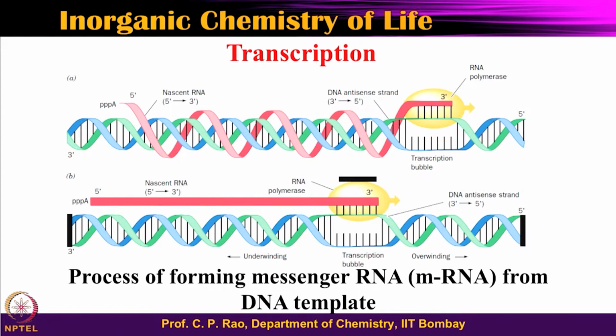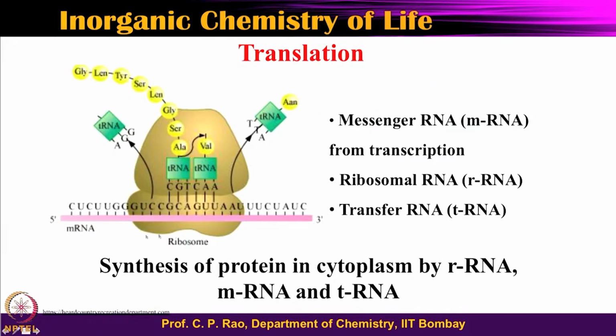So, in the sugar you have 1 prime, 2 prime, 3 prime, 4 prime and 5 prime. And we have seen if there is some change in the 2 prime from OH to H, we call it a deoxy, just like that. So, similarly you need to use that. Then you have a DNA anti-sense strand, then this will open up, then read and make a copy of this. Making the copy of this is referred to as the transcription process, and this copy is used as an mRNA. This mRNA is referred.